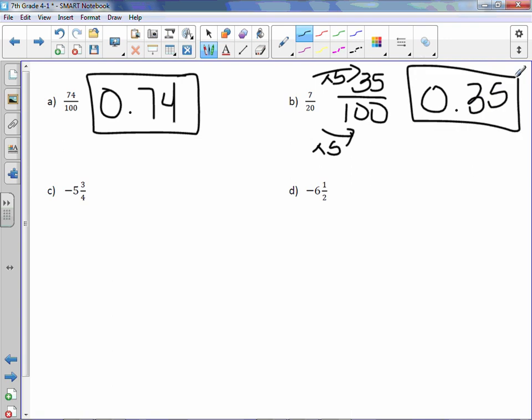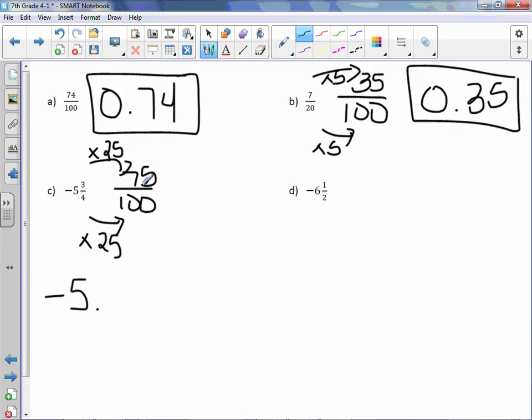Letter C, -5 3/4. -5 will definitely be the first part of my decimal. It'll be the whole number, technically integer. And 3/4, I can definitely make 4 into 100 by multiplying by 25 and doing the same up top. 3 times 25 is 75.